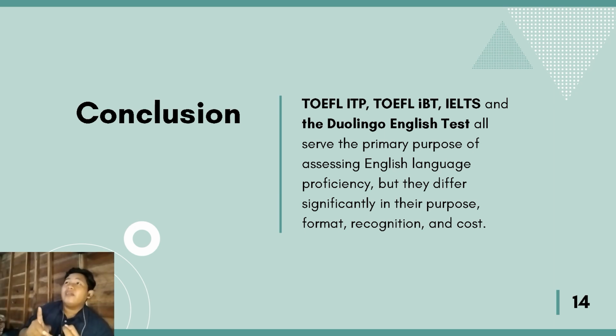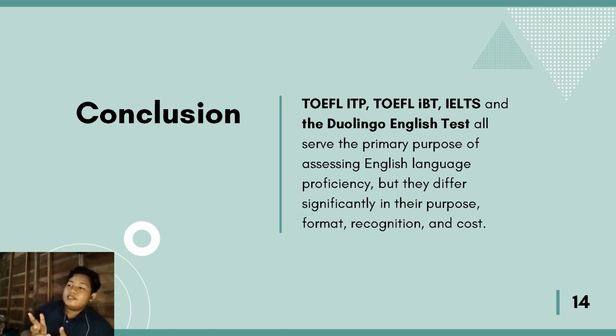But I think ITP too is good, because this is a traditional way. But if everything right now is using the internet, I think the best ones are IBT and IELTS. And don't forget, you can use it for a scholarship too, for applying for a job or anything.